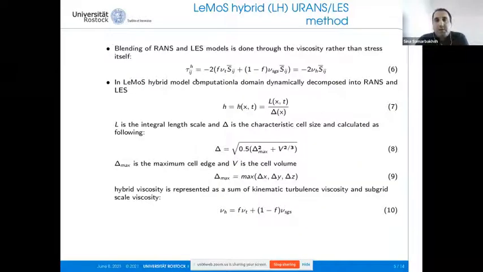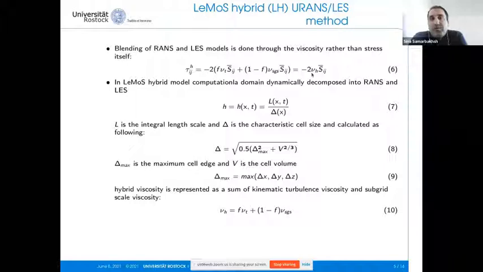But according to equation 6, we don't directly work with the stresses. Actually, we relate the stresses to the kinematic viscosity, nu h, and this hybrid kinematic viscosity will change between RANS kinematic viscosity and our subgrid scale viscosity. So how we can decompose our computational domain to RANS and LAS?